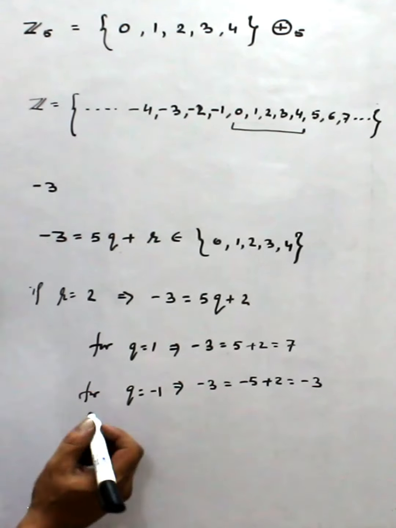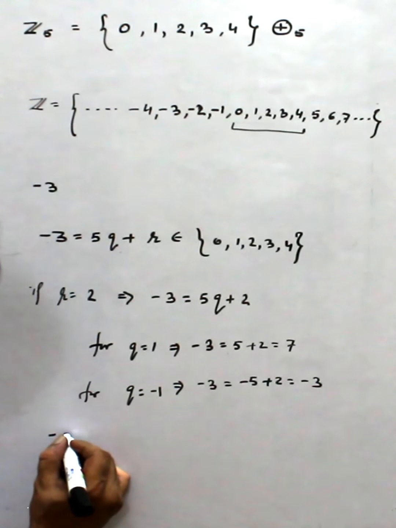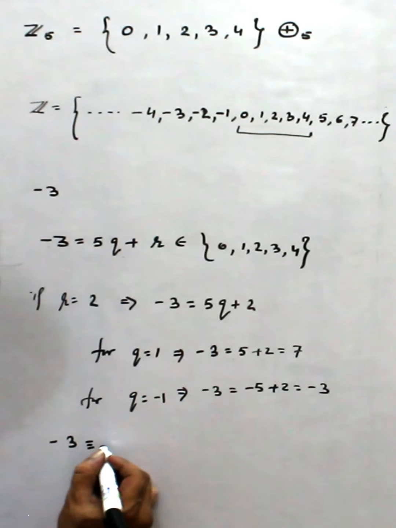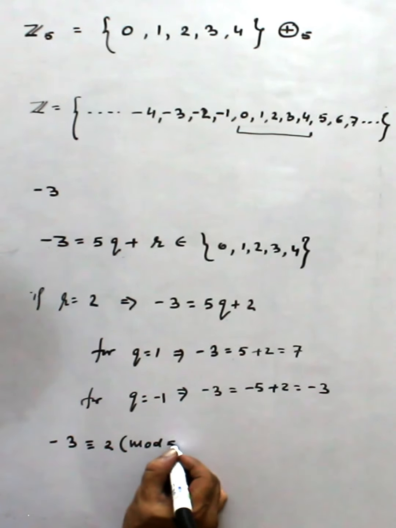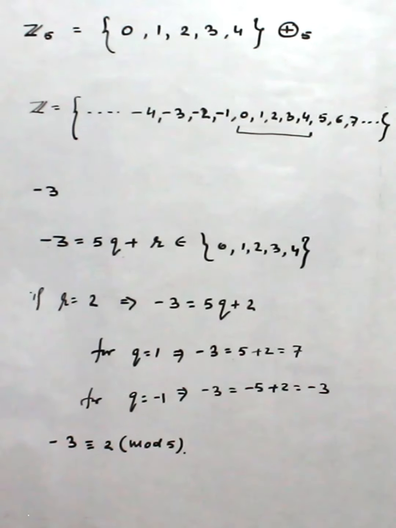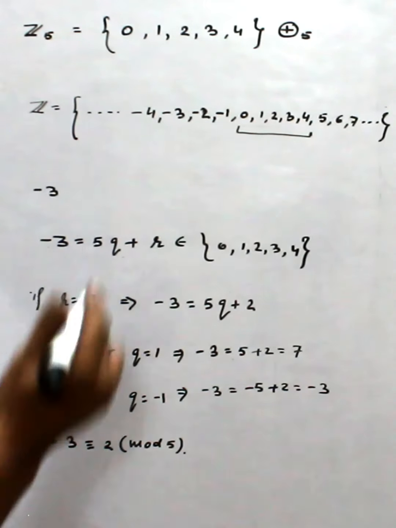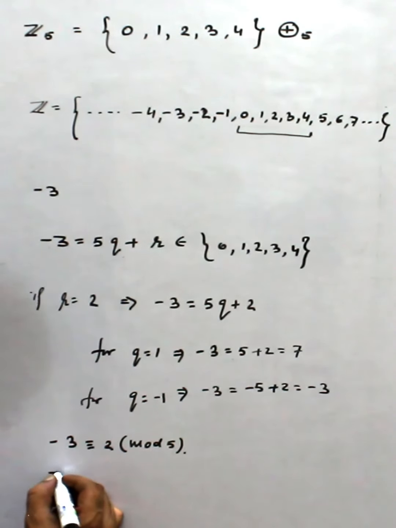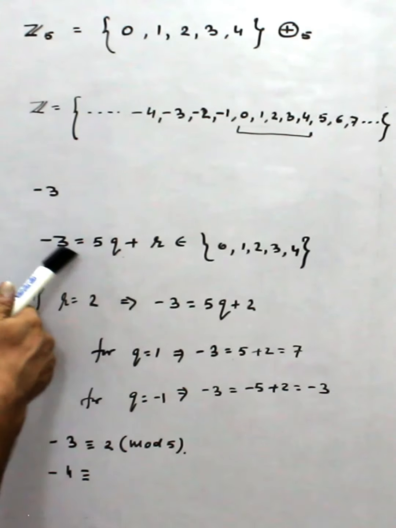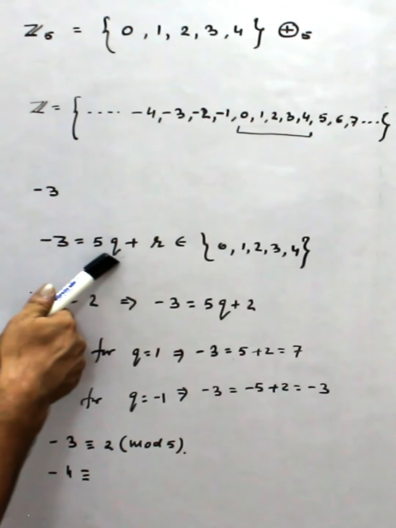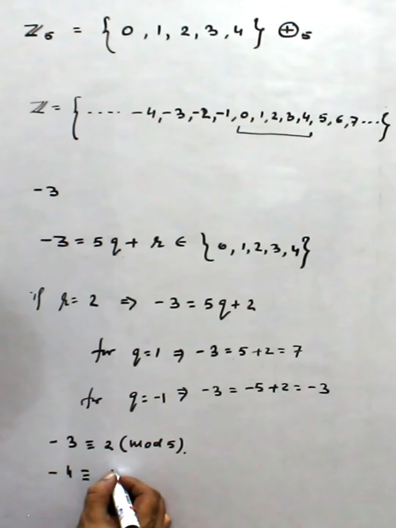That means -3 is congruent to 2 modulo 5. Similarly, you can try -4. -4 is congruent to what number? If I take here -4 equal to 5q plus r, then r is 1.